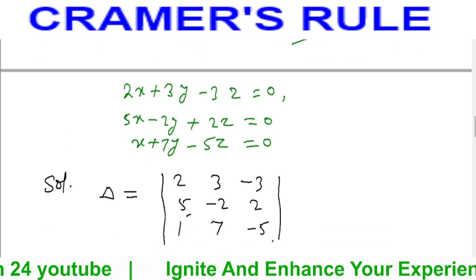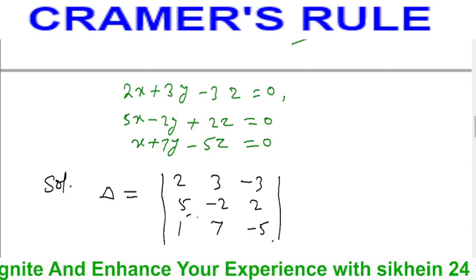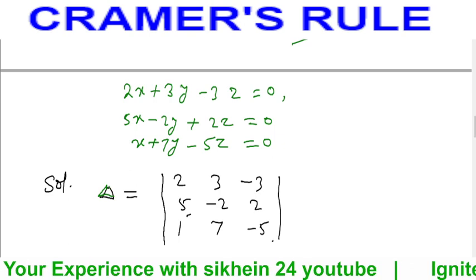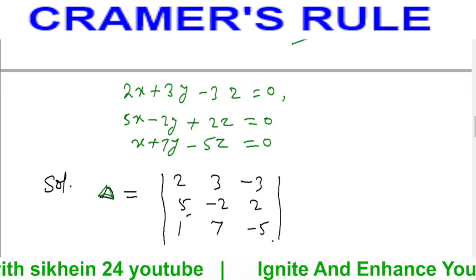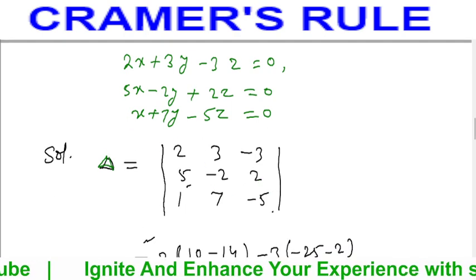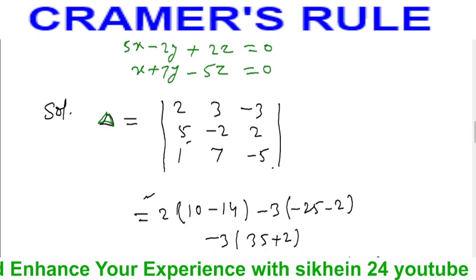First of all, write the coefficients of the variables x, y, z in determinant form. So we write the determinant symbol, equal to 2, 5, 1; 3, minus 2, 7; minus 3, 2, minus 5. Above we have seen the formula for x. Before that we will find the determinant of this one.